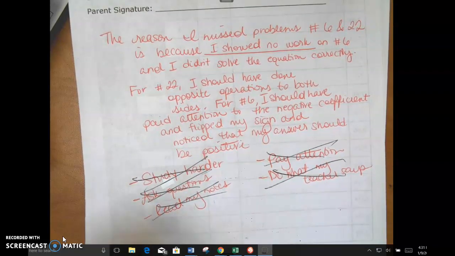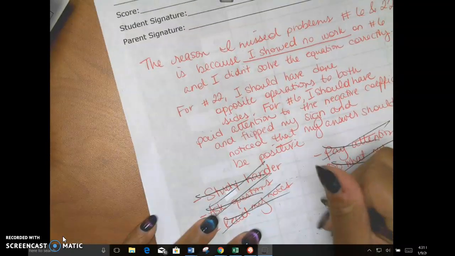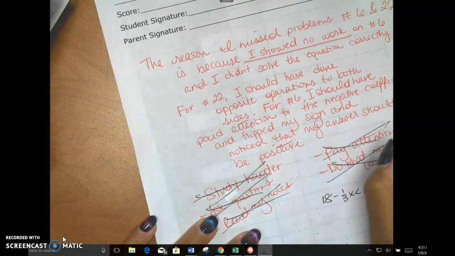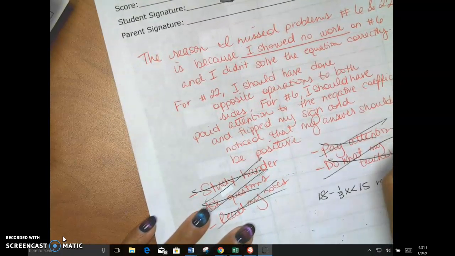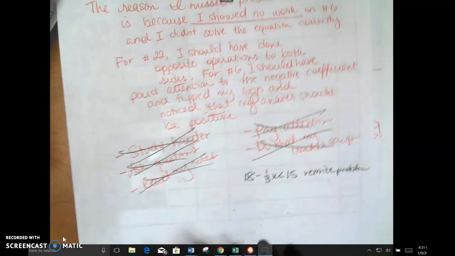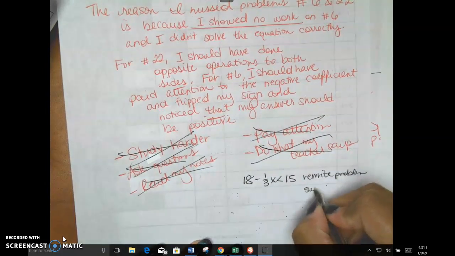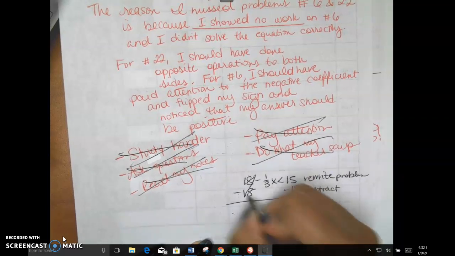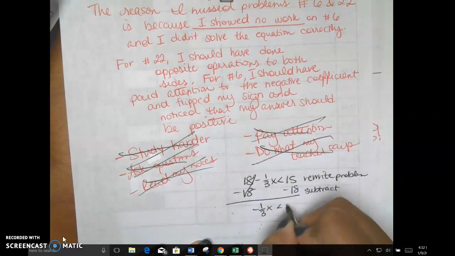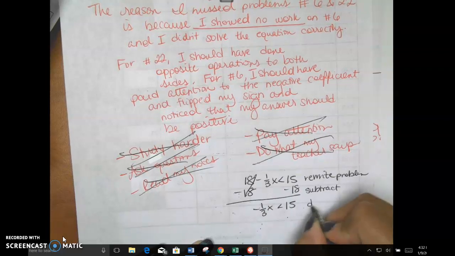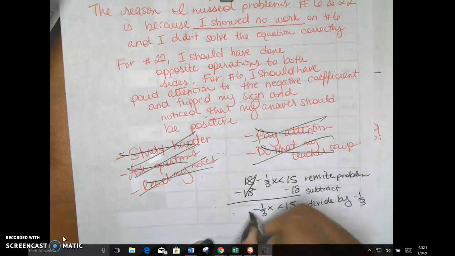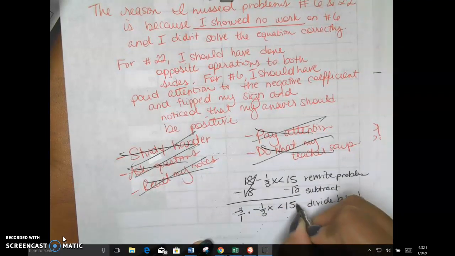Explain each step. Even if you do this for number 6, 18 minus 1/3 x less than or equal to 15, rewrite the problem. This is explaining. Subtract 18 from both sides. Divide by negative 1/3, which is technically multiplying by negative 3.